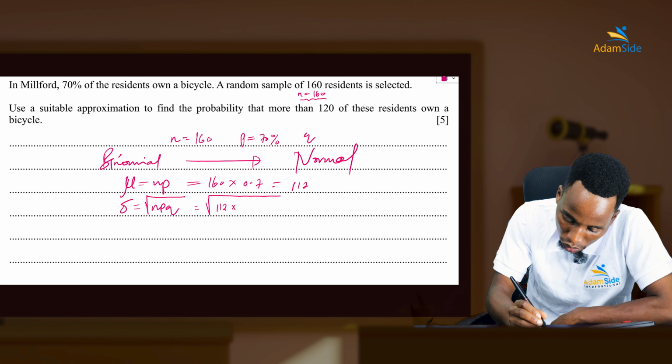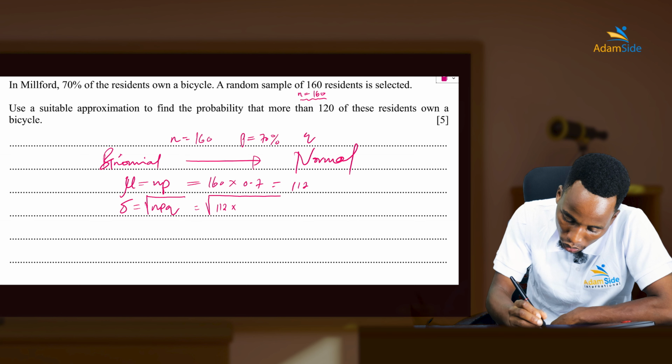The upper bound is 120.5, the lower bound is 119.5. And since it's greater than, 120 is not included, so we use the upper side. So we are going to use 120.5 instead of exactly 120.